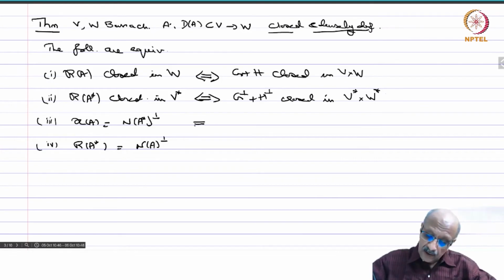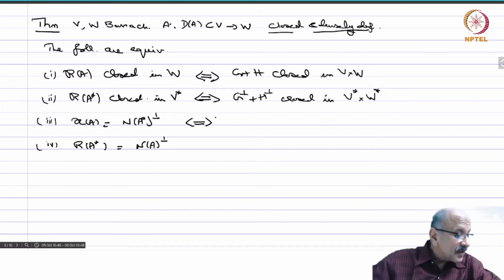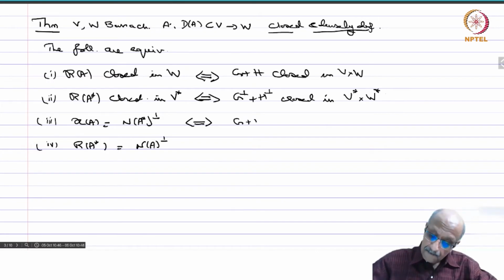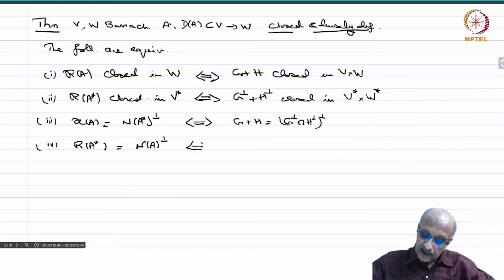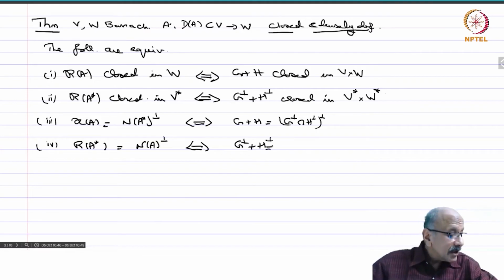And then the third one is saying that G plus H equals G perp intersection H perp perp, and the fourth one is saying G perp plus H perp equals G intersection H perp.